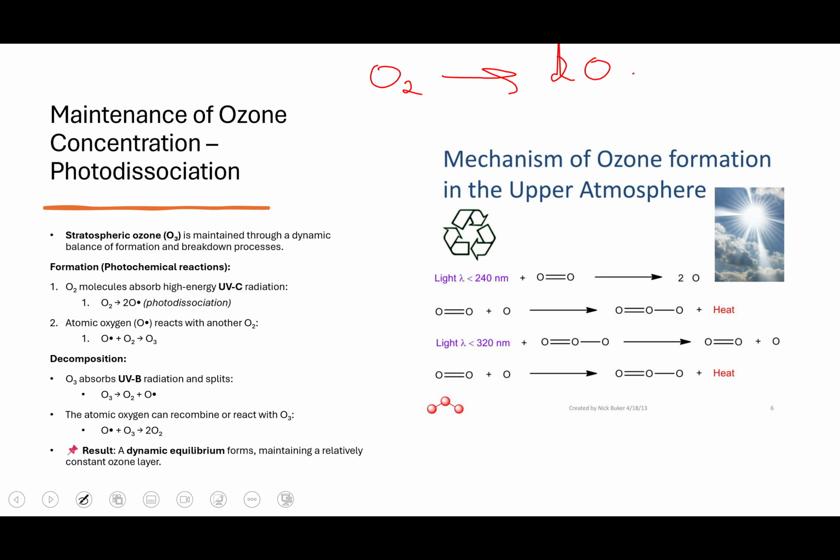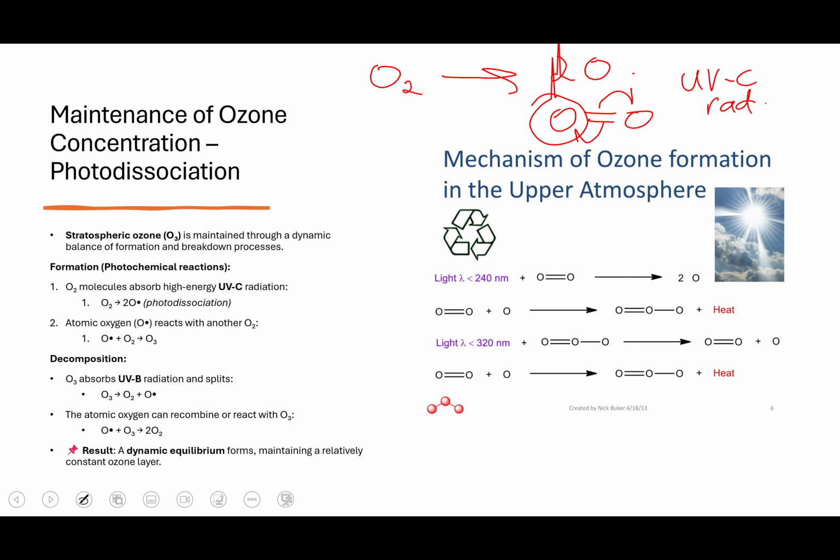Is this a homolytic or heterolytic cleavage? Homolytic cleavage. So we have that type of cleavage in the presence of UVC radiation.